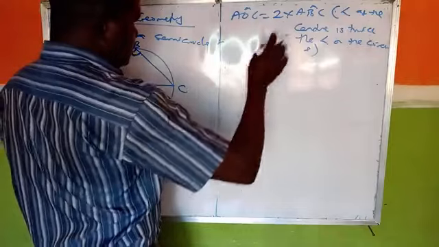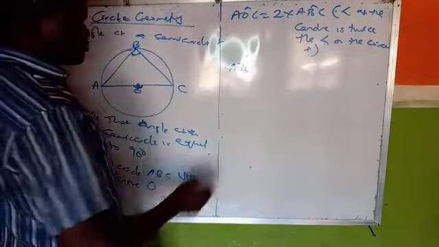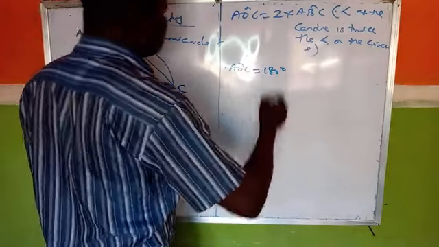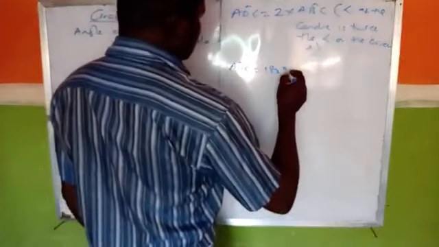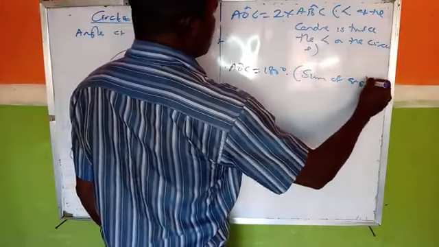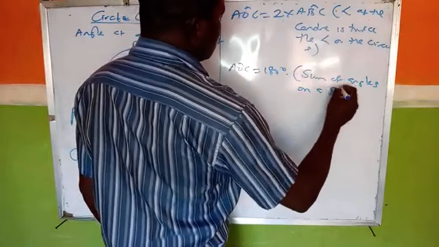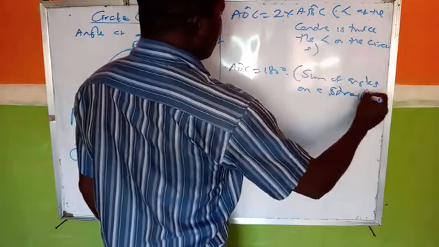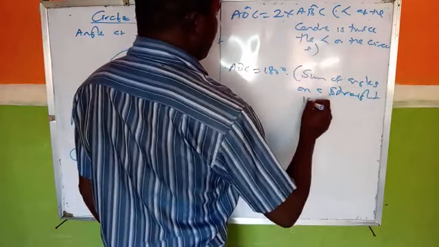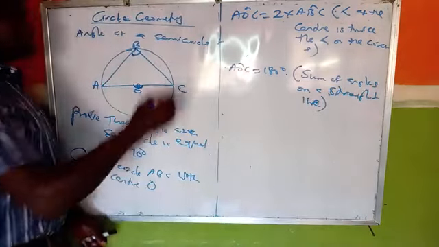And then angle AOC is equal to 180 degrees. That's the sum of angles on a straight line. This angle here is 180 degrees.